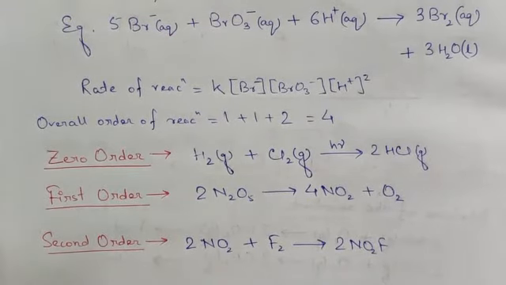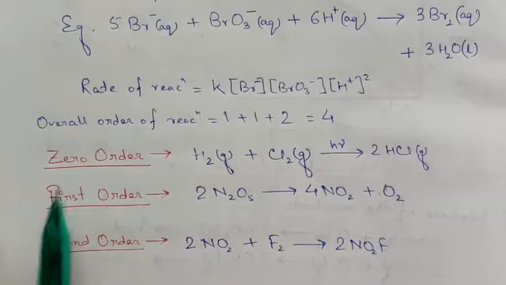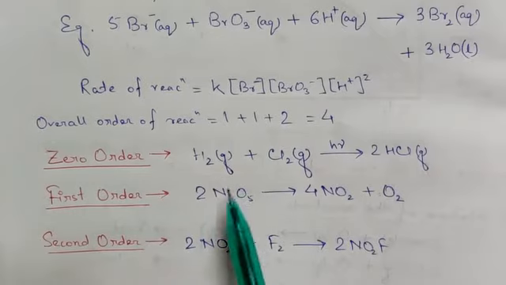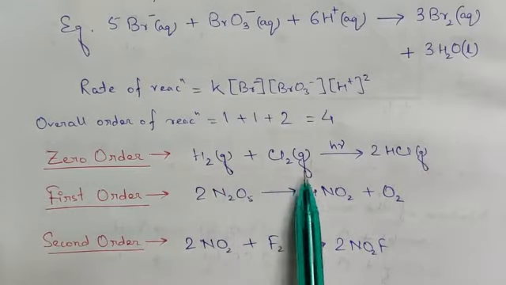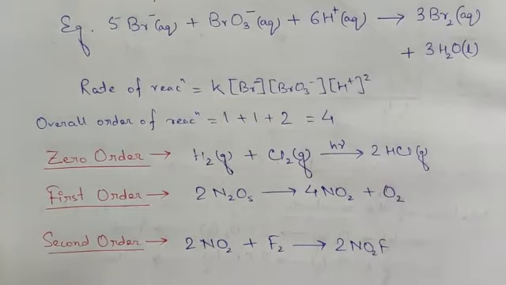Depending on the sum of the powers of the experimentally observed values of the reacting species, we can determine the order of reaction and express it as zero order reaction, first order reaction or second order reaction, like that. Okay, so here are some examples. Here you can see that when hydrogen and chlorine get mixed in the presence of sunlight, 2 moles of HCl are formed.